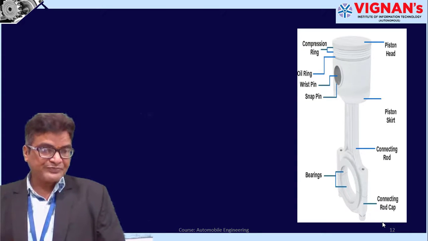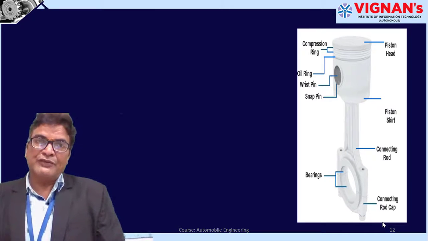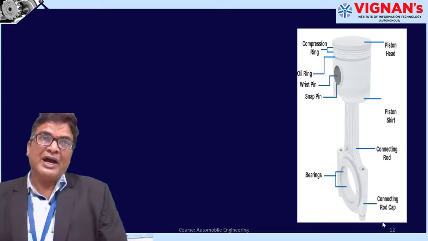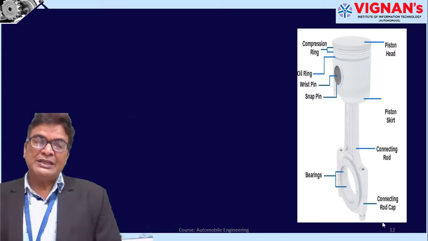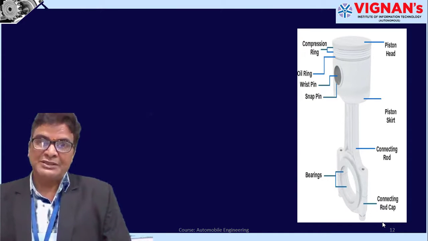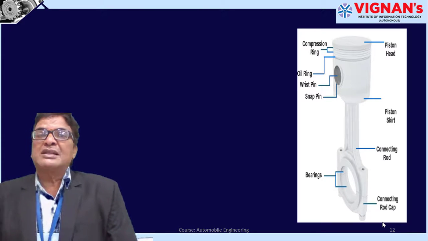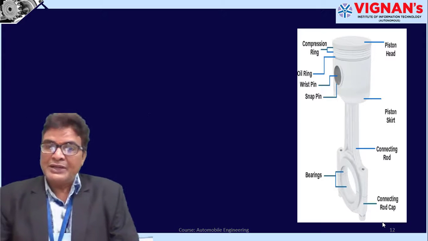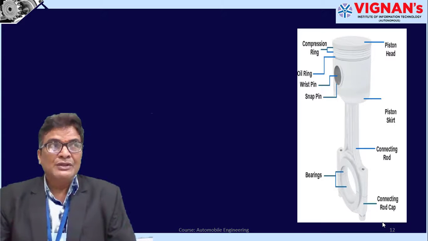First of all, let me tell you about the compression rings. As I told you, in the combustion chamber of the cylinder, a high amount of heat is developed, right? The high amount of gas energy is always trying to escape from the combustion chamber. So these compression rings stop the leakage of this high heated fuel so that there is no wastage of the fuel.